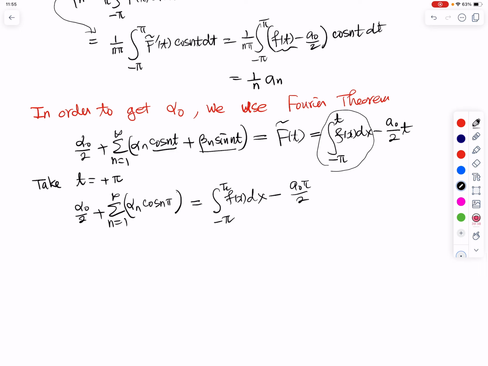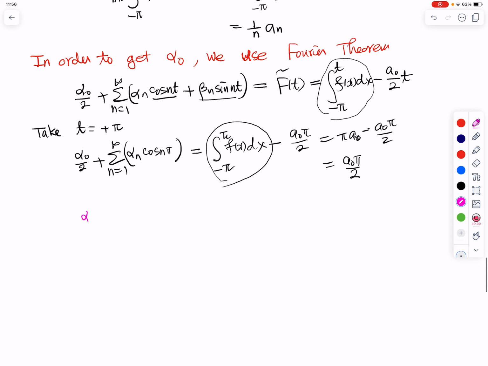So the first part is a0 pi, then minus, so that would be a0 pi over 2. That's what we have. So finally we have alpha 0 over 2 plus the summation from n equals 1 to infinity of alpha n times minus 1 to the n, and that becomes a0 pi over 2.